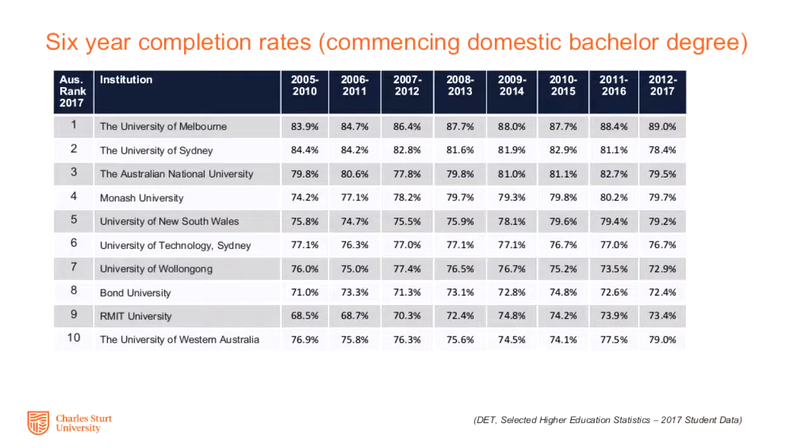So again, really high completion rates. And you can see for both of those at the top and bottom of that scale, their numbers have steadily increased. University of Western Australia now sitting at 79, and 2005 to 2010 sitting at nearly 77%, so a steady increase. And of course, Melbourne Uni at the top, 83.9, and now 89% completion rates.